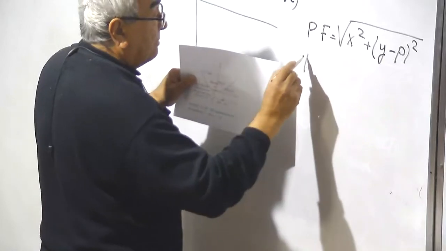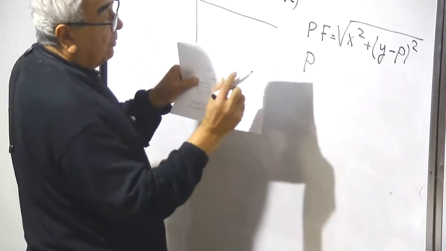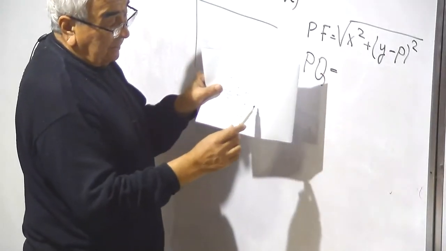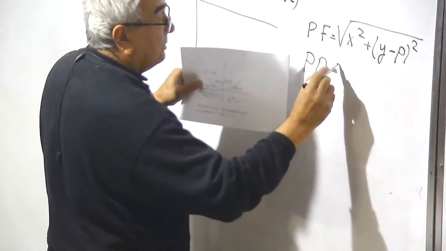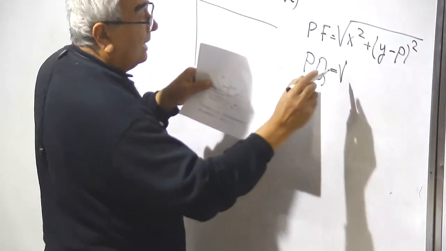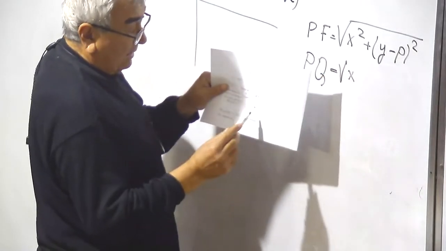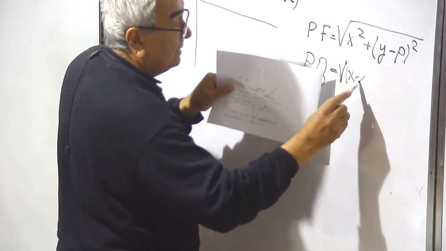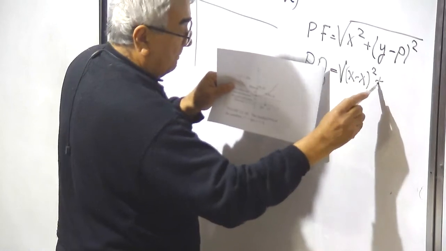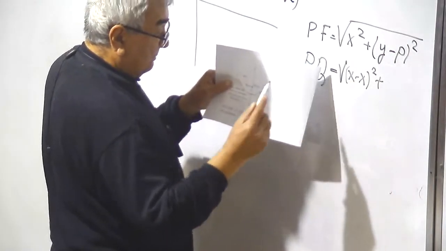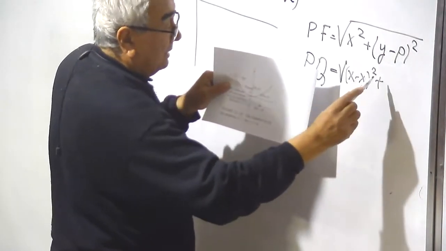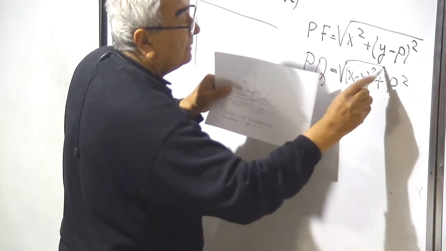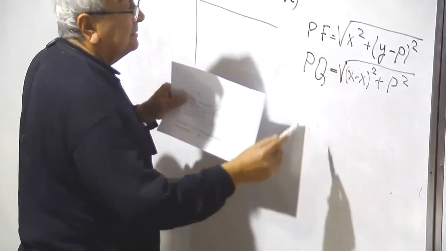Now the distance from the point to the directrix, PQ, should be equal to the square root of (x minus x) squared, because the x coordinate is the same, plus, because here is minus p, (y plus p) squared.